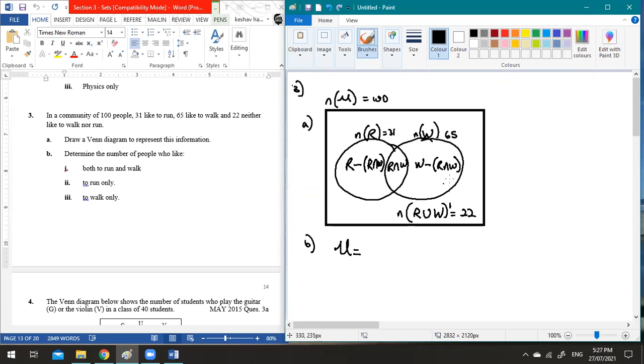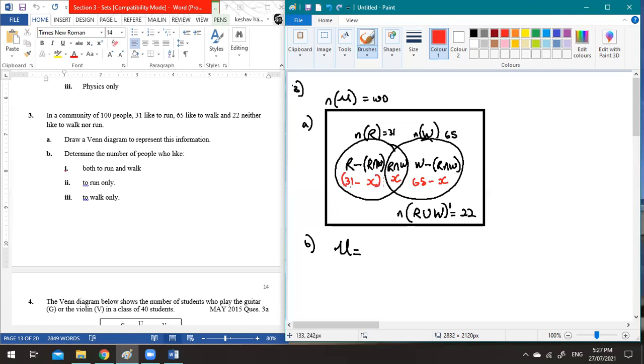Because this will be the only section, right? So here, add here, add here, add here, right, should give us 100 people. Now, what I like to do is use an x value, because we have numbers here, which is 31 minus x. So here will be x. Here is 65 minus again x, and here's 21.